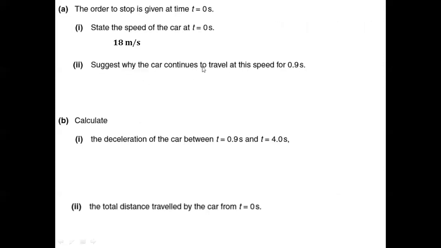Next, suggest why the car continues to travel at this speed for 0.9 seconds. Now remember, when information is given to us to process, our brain will take a certain amount of time to decide what our body will do. And then sending out that instruction to the body will also take time. The time it takes for the mind to process the information given to us and for our body to finally react is the reaction time.